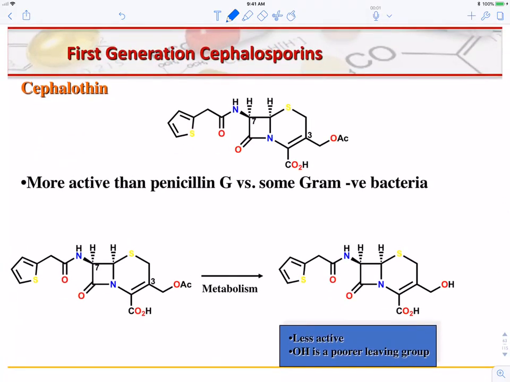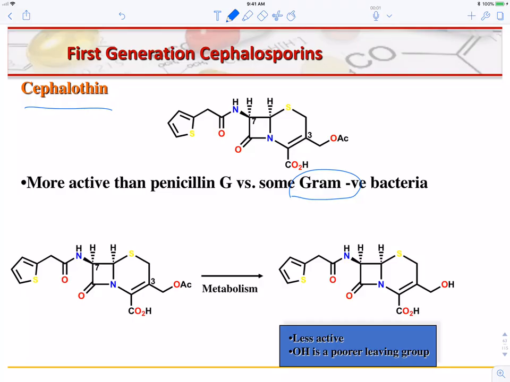So once again we have first generations, as you say, so cephalosporins are also natural products. The specificity is a little different, and in particular, first generation, one of these, cephalothin, is more active against some gram negatives.